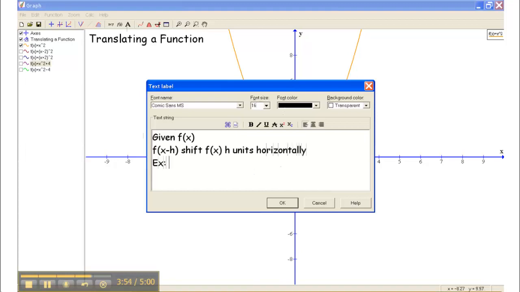For example, f of x minus 2 shifts f of x 2 units to the right. F of x plus 2 shifts f of x 2 units to the left. They're both horizontal shifts, but we have to pay attention if it's positive or negative to know if we're moving left or right.